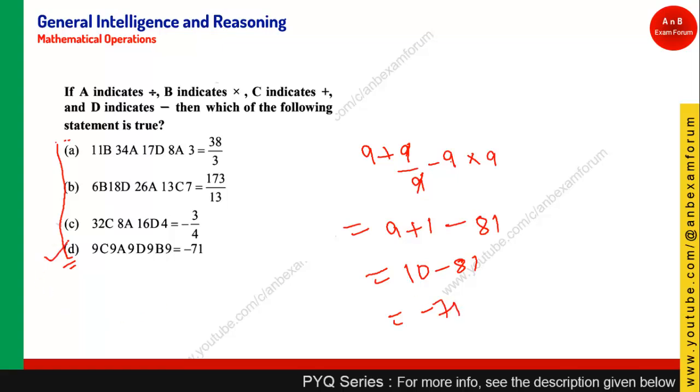So see, if you start with option A, you will lose time in solving these three options. Generally, as a paper setter, I will put the answer in either B, C, D, usually not in A. So go with this strategy, either you start with the middle one or the last one. Okay, so option C, D is the right answer.